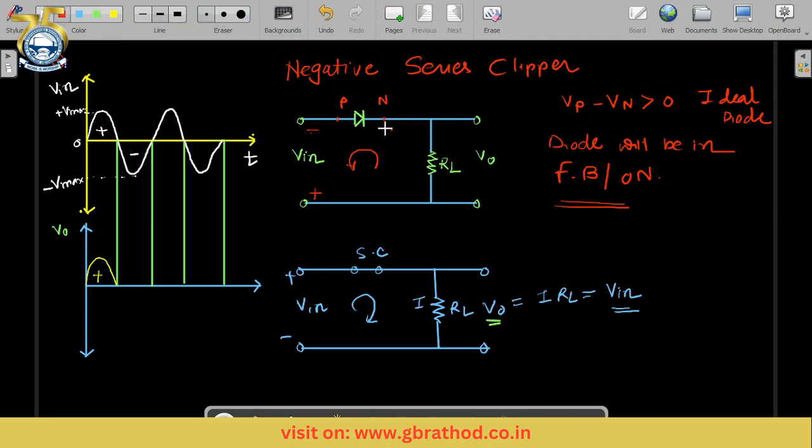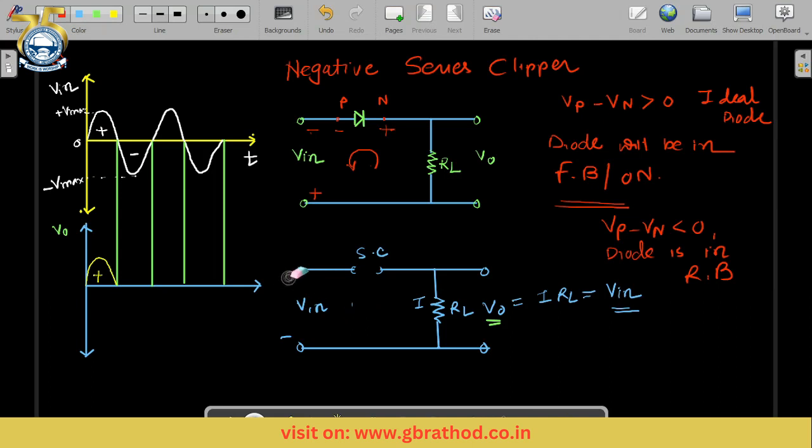The n side got positive and the p side was negative. So Vp minus Vn is less than 0. The diode is in reverse bias. So this diode is not going to get turned on. In this case the diode is switched off, or you can say reverse biased.